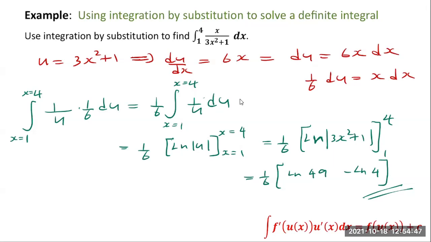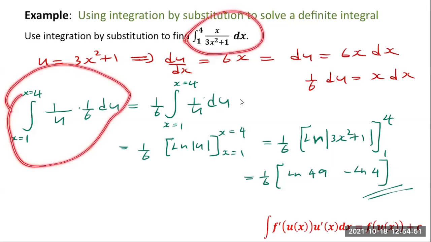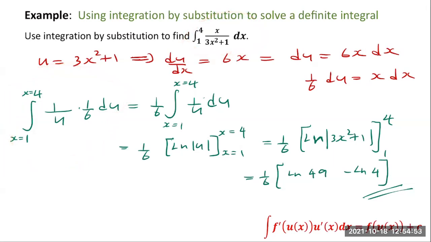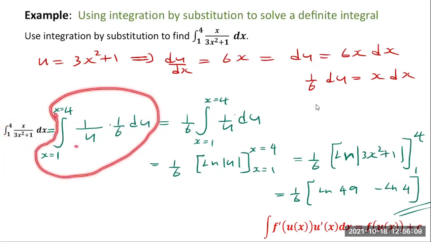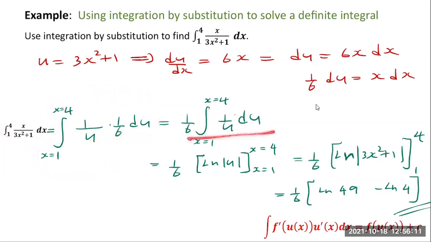And this whole thing is equal to this original integral, so I will copy that over here. This original definite integral is equal to a definite integral involving u, and the rest of the procedure is the same.